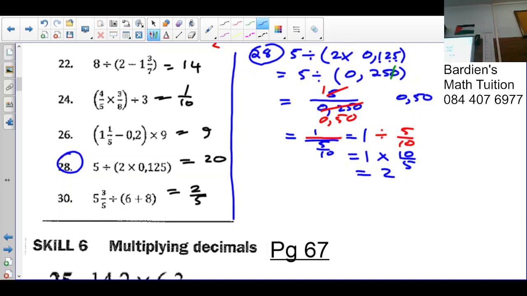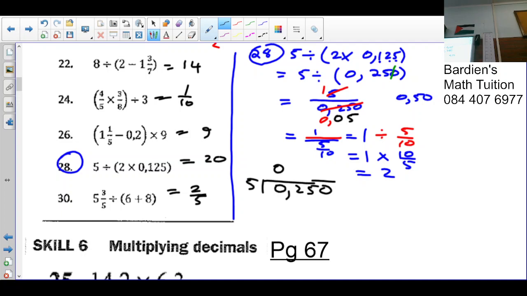Now why do I have 20? Okay, I made a mistake somewhere. 5 goes into 5 once, 5 going into... No, the 0.5. There's my mistake. It's 0.05. Because if you say 5 divided by 0.250, 5 can't go into 0, so it's 0.